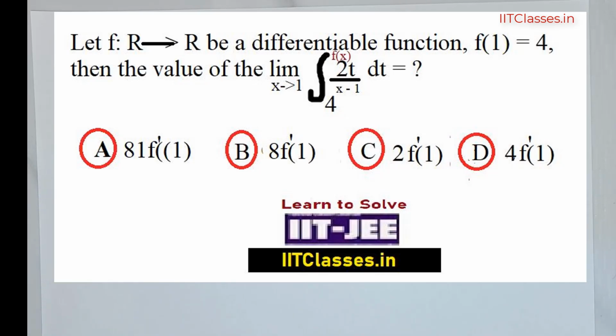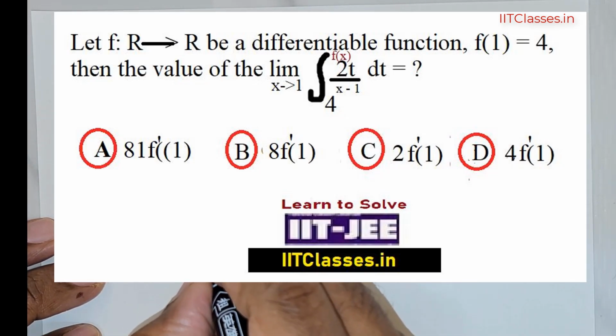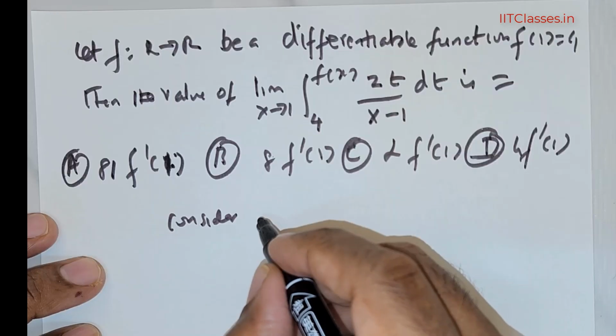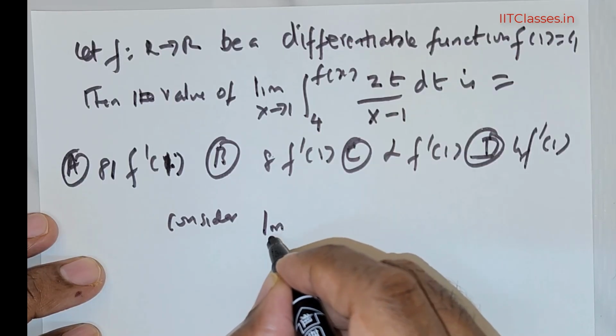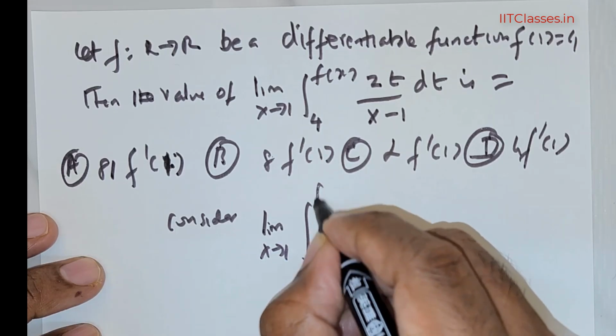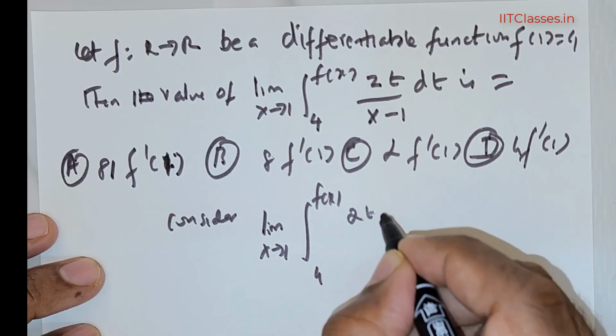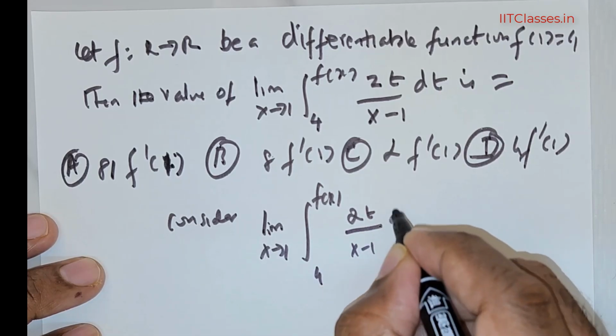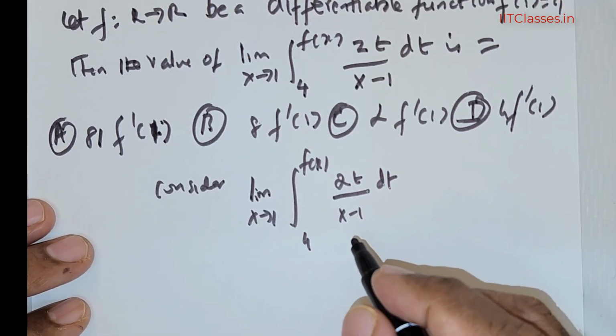So foremost, what I would do is I would start off by considering the limit as x tends to 1 of the integral from 4 to f of x of 2t over x minus 1 dt.